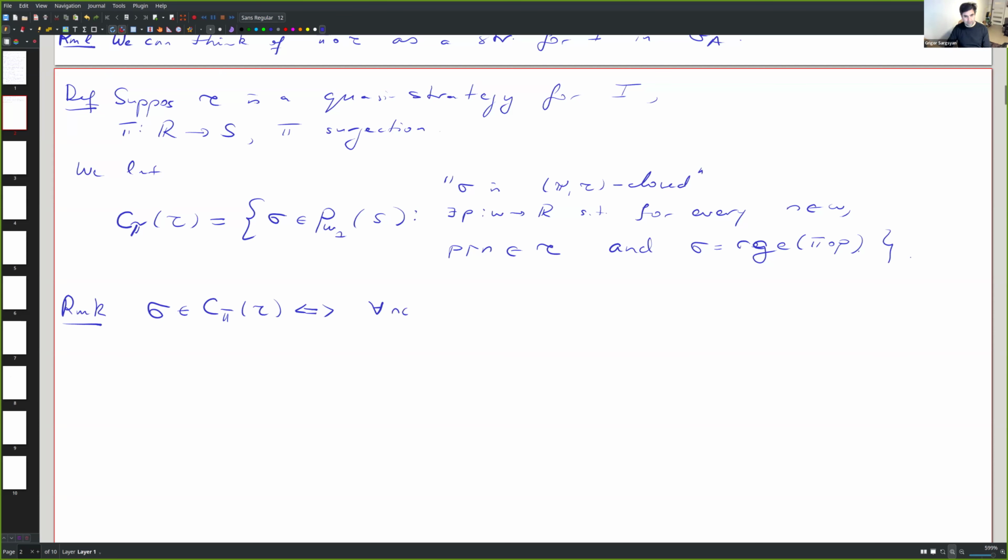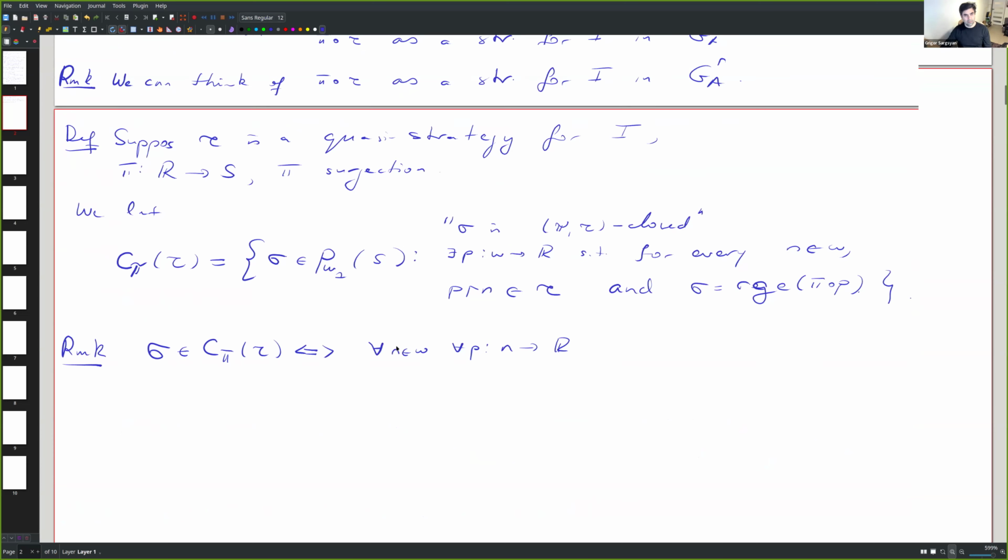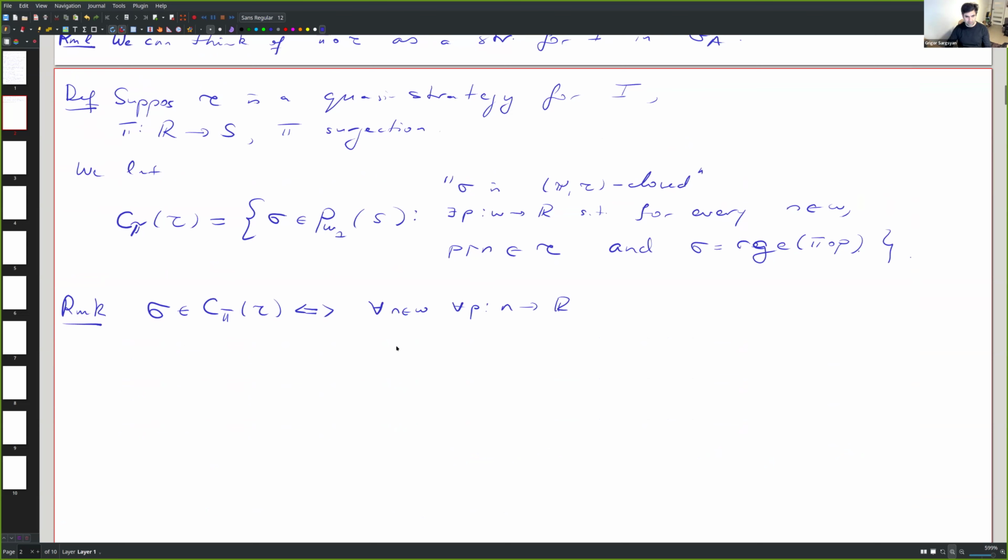for every n in omega and for every P which enumerates n reals, when I take pi and compose with P, the range of this belongs to sigma.